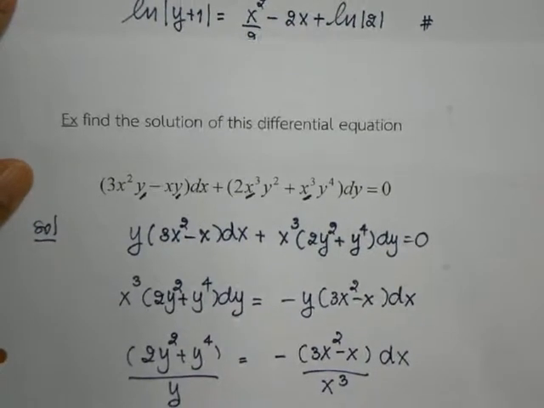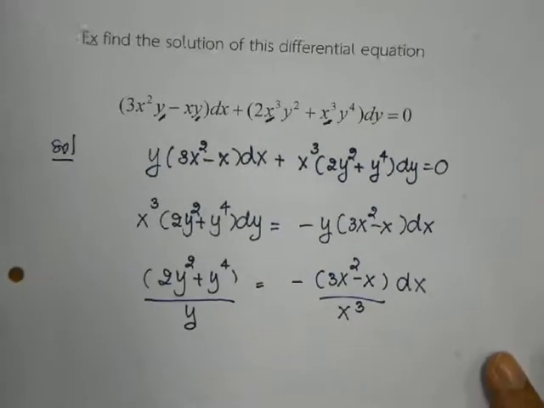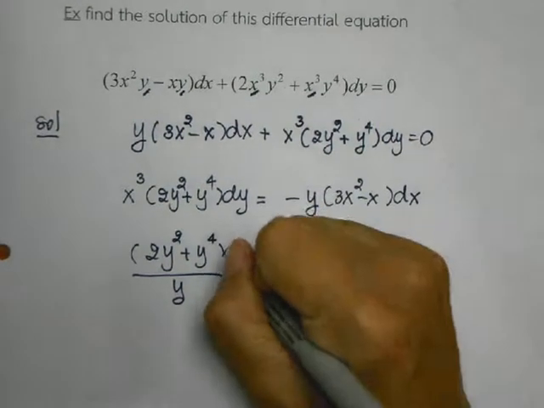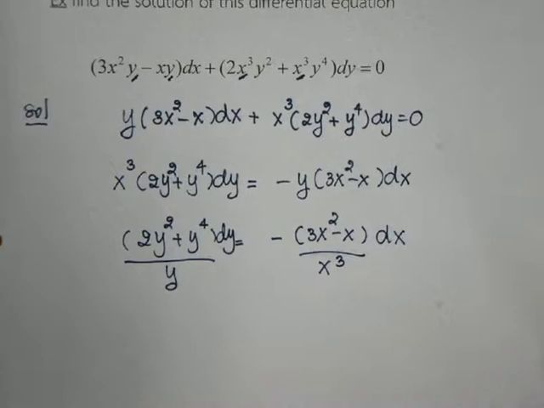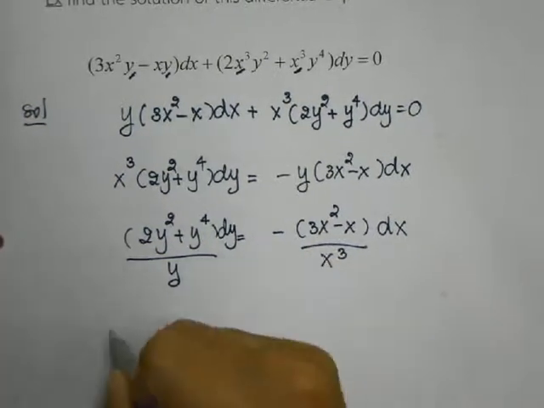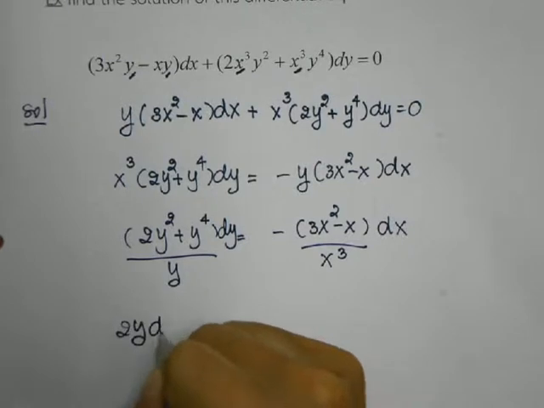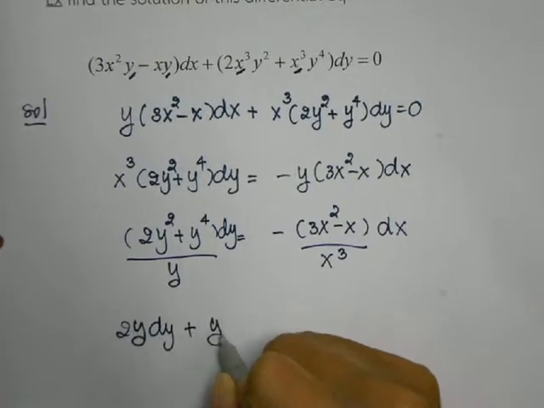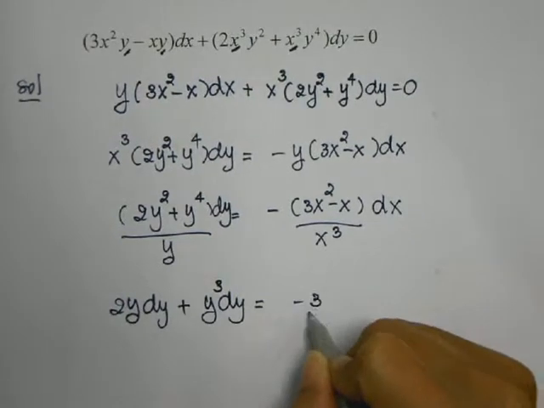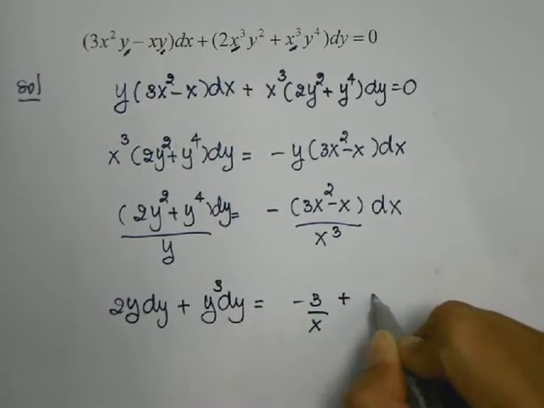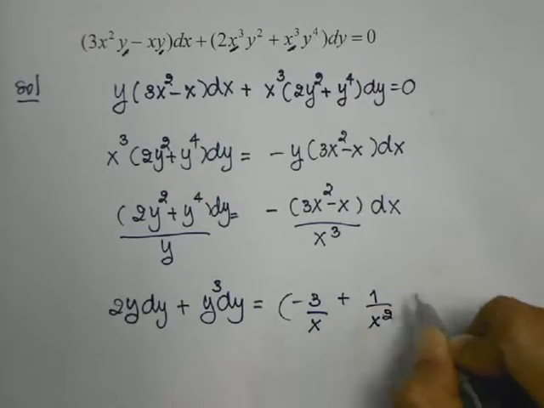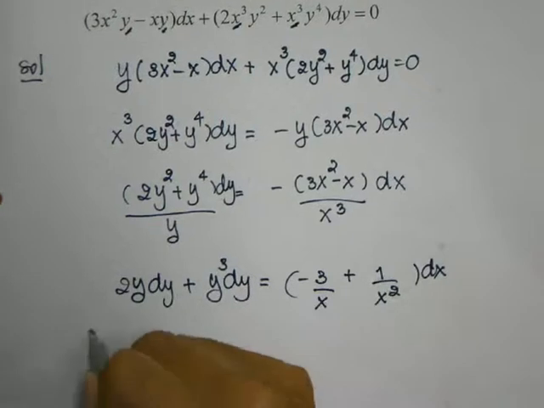Right? You will get something like this. Oops, sorry, dy. Okay. And then you can do the integral. You can separate them out. Okay. So we would get 2y dy plus y to the power 3 dy equal to negative 3 over x plus 1 over x squared dx. We do the integral.